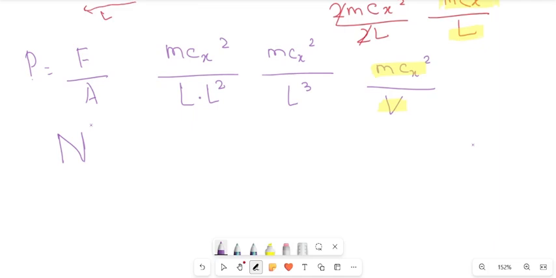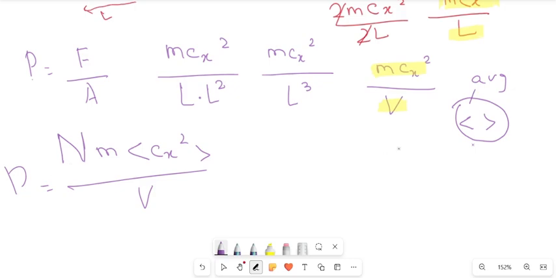So N, m, and since we have to take the speed of all the particles, we will be taking the average speed. So this symbol means average. So Nm, average speed over V.